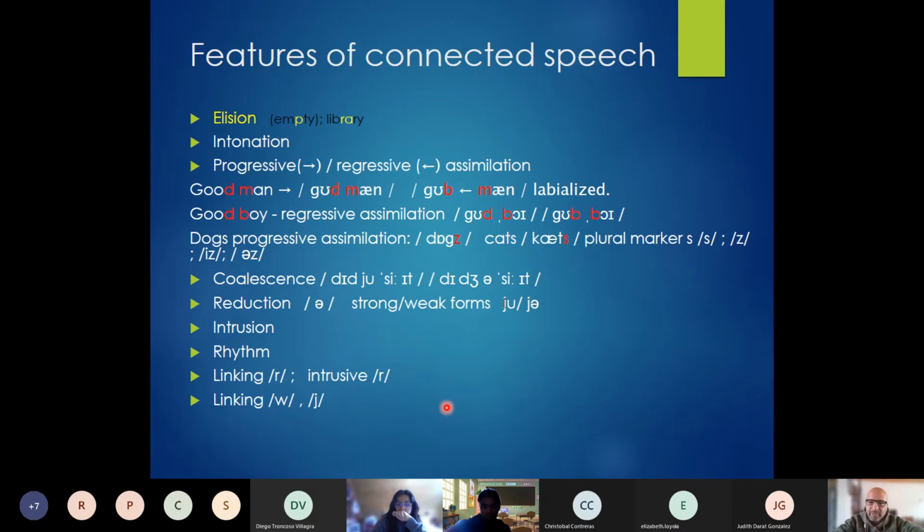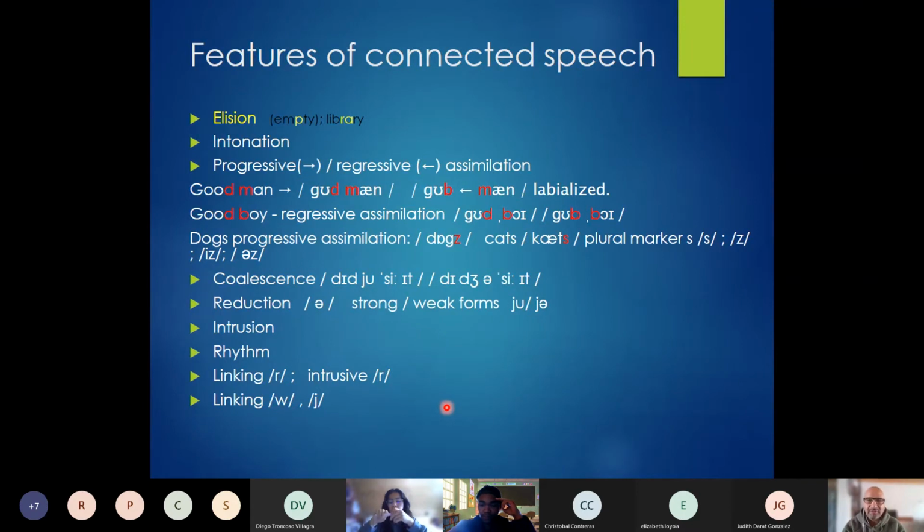So we use weak forms in general whenever we are using, do you remember those words that are not as important as the content words? Function words. Excellent, I love the answer. Function words such as articles, prepositions, conjunctions, all of these words really help to organize the speech.